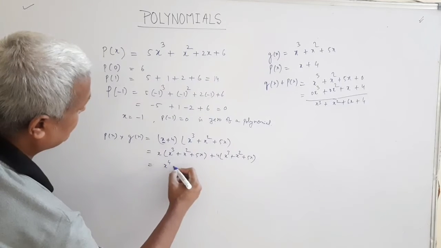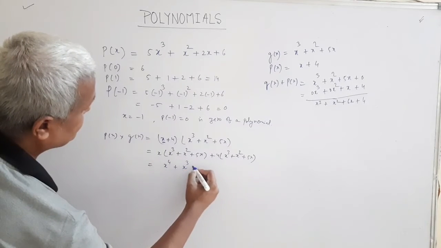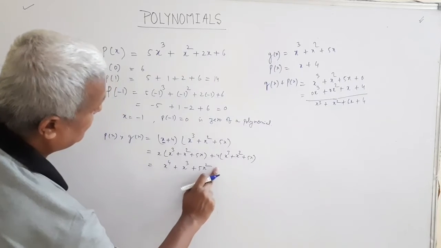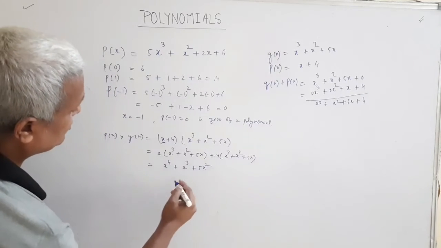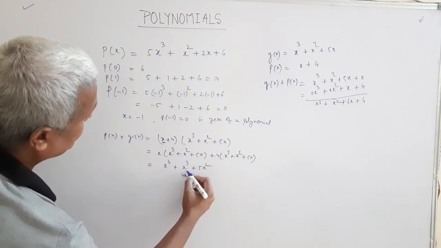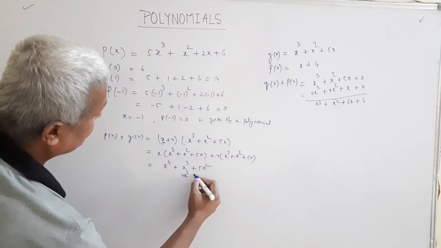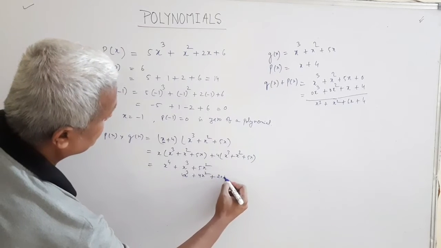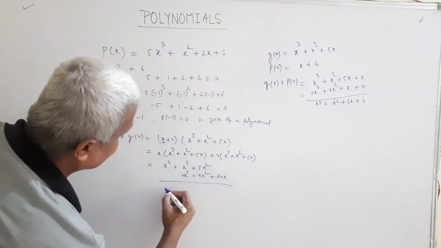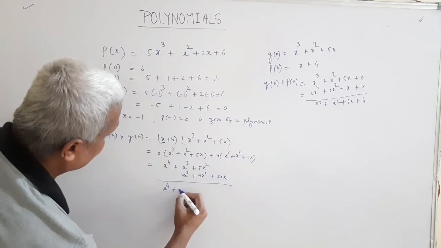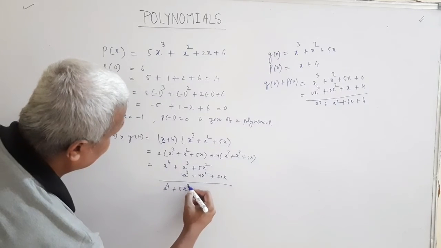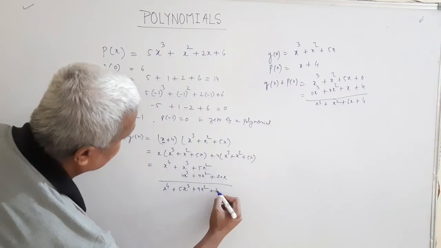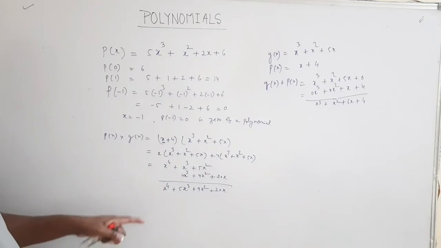That is x to the power 4 plus x cube plus 5x square plus, I am getting 4x cube, so I will prefer writing here 4x cube plus 4x square and plus 20x. Just add them. This is x to the power 4 plus 5x cube plus 9x square plus 20x.